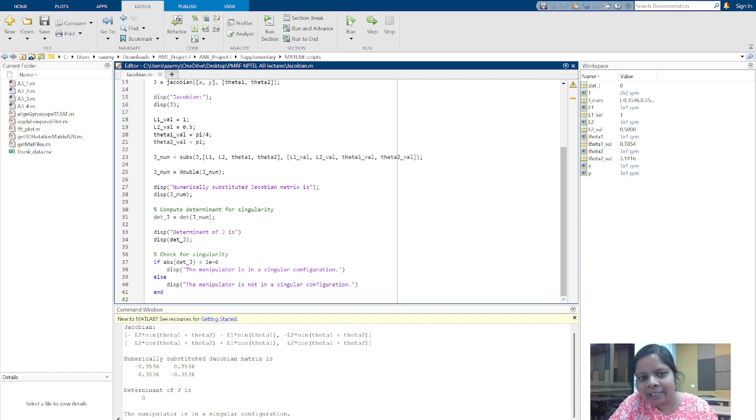So what ultimately matters is the value of theta 2. Theta 2 is the only deciding factor for saying whether the manipulator is in a singular configuration or not. If you have 0 or pi for theta 2, it is going to decide that. You keep any value of theta 1, any value of L1 and L2, it does not matter at all.